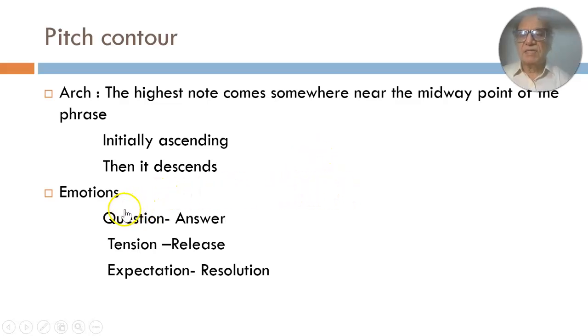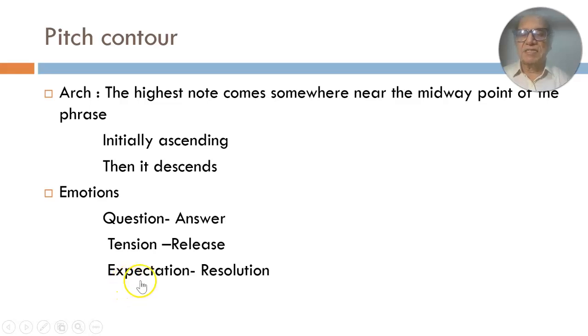So that's why the emotions which are created by the arc kind of pattern is akin to question answer session, or in some other context you can consider it as tension release. As the pitch increases, it builds the tension. You reach the peak and then resolve the tension by going down in a smooth fashion.